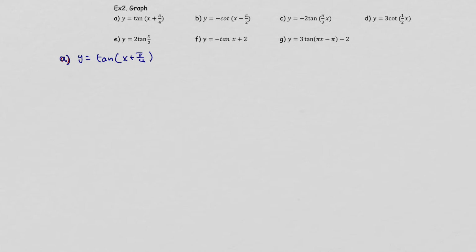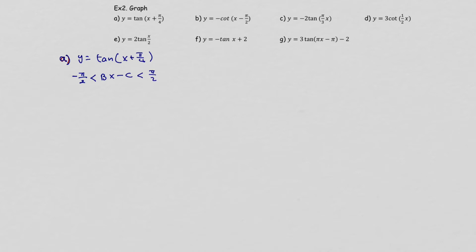So if we use the formula, remember for the tangent, let me write that formula since I don't want to go back and forth. The formula was negative pi over 2 on the left, bx in the middle, and pi over 2 on the right side.